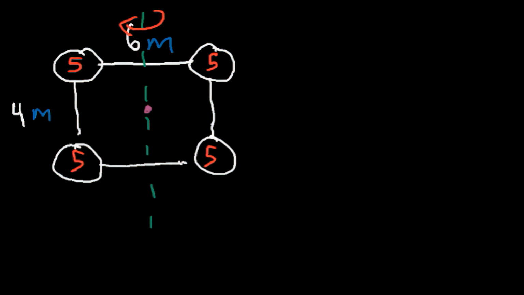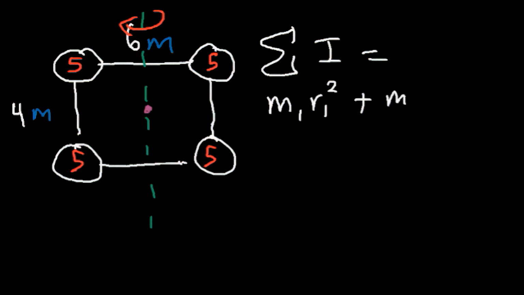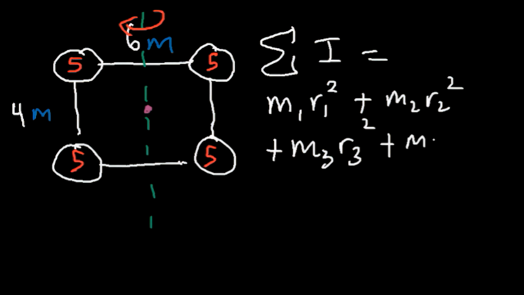So what we need to do is calculate the sum of each individual inertia for each mass. So it's going to be m1 r1 squared plus m2 r2 squared plus m3 r3 squared plus m4 r4 squared.